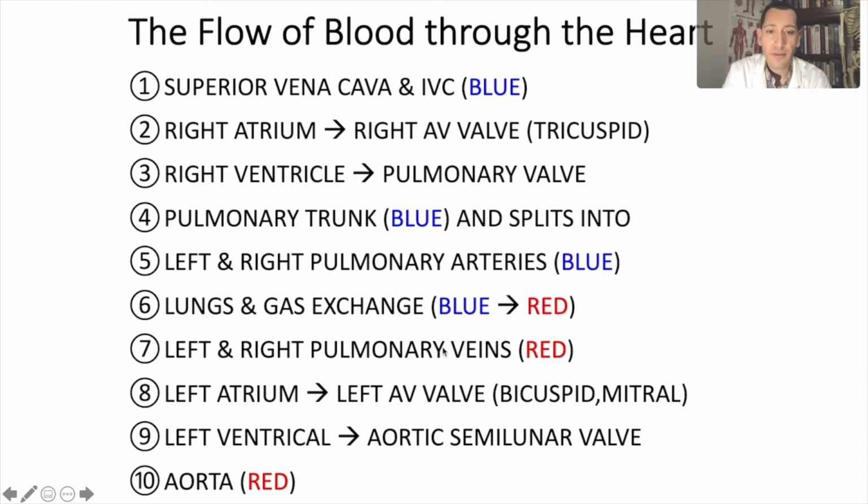Then once the blood enters the heart, it enters the left atrium, through the left atrioventricular valve and into the left ventricle.